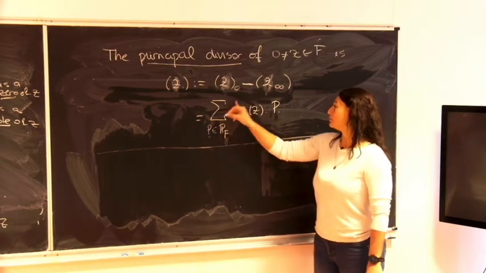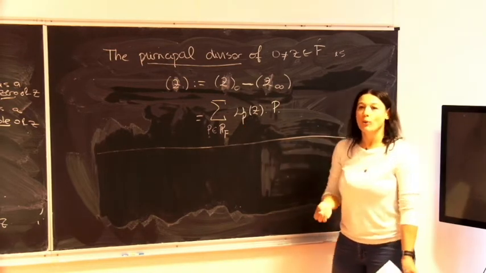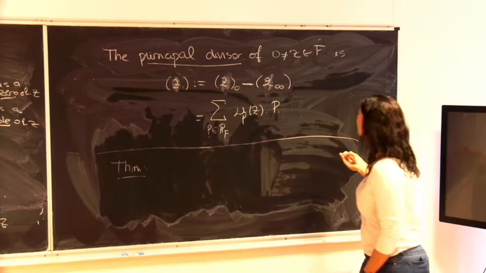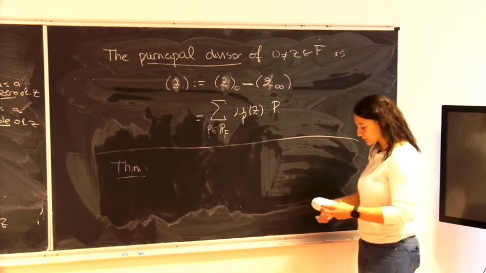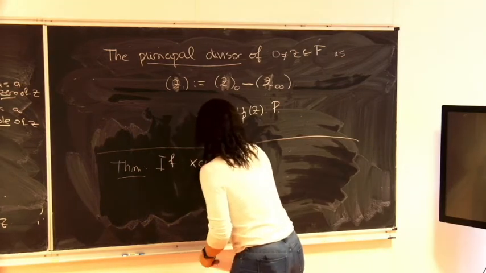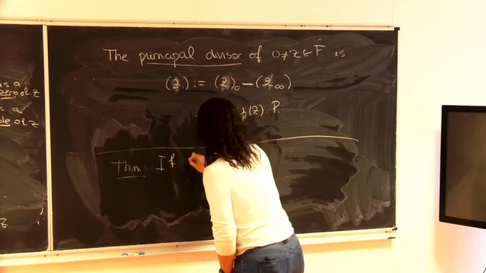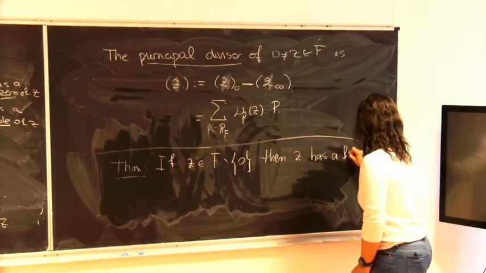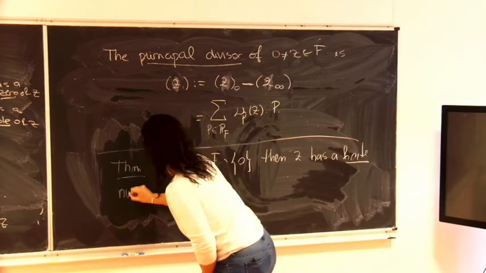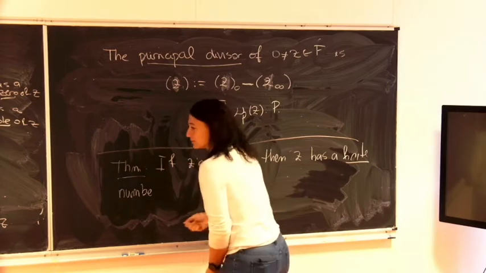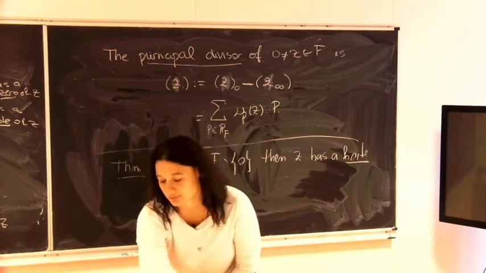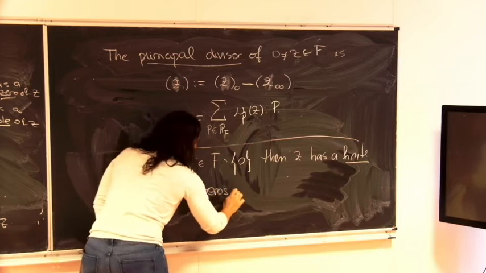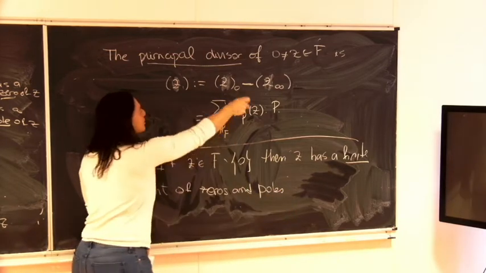I have to check that almost all of these valuations are zero. Well, what we have is a theorem that we are not proving: if z belongs to the function field, z not equal to 0, then z has a finite number of zeros and poles. So this is actually going to define a divisor.